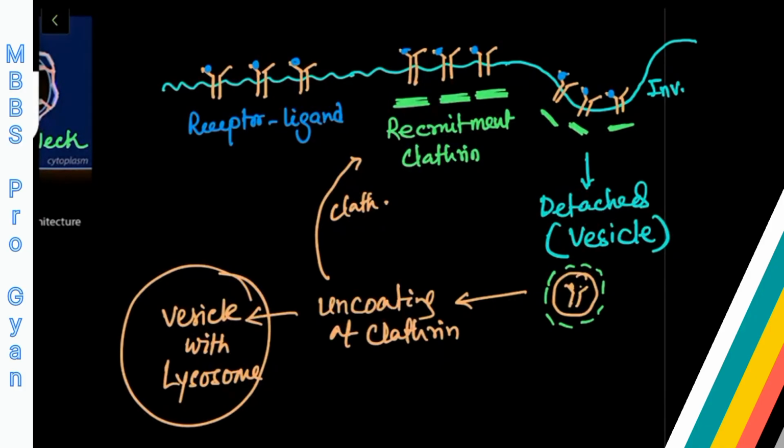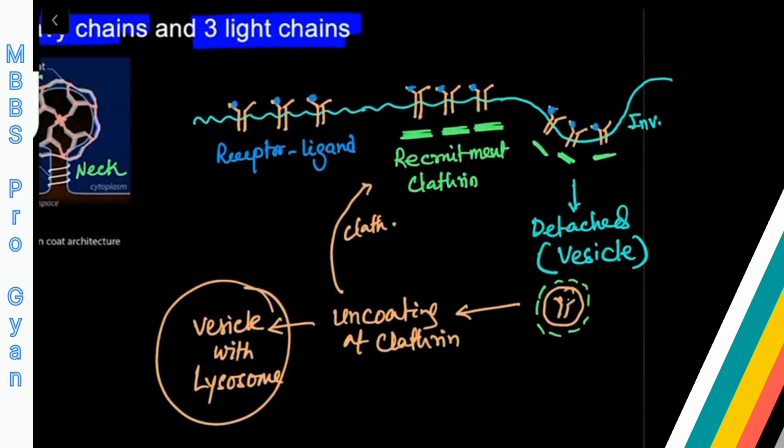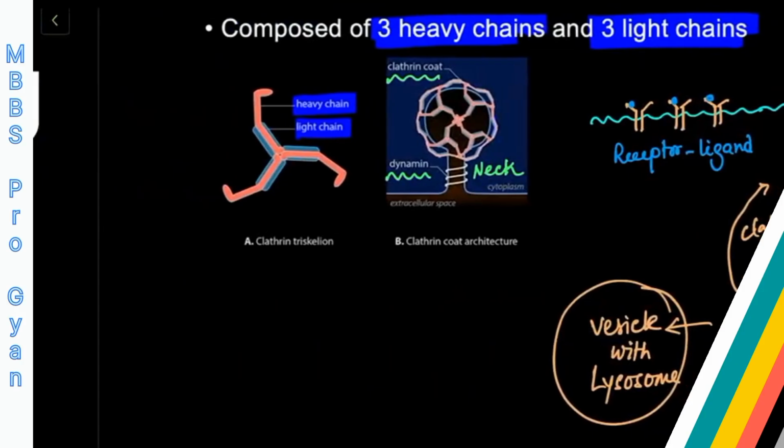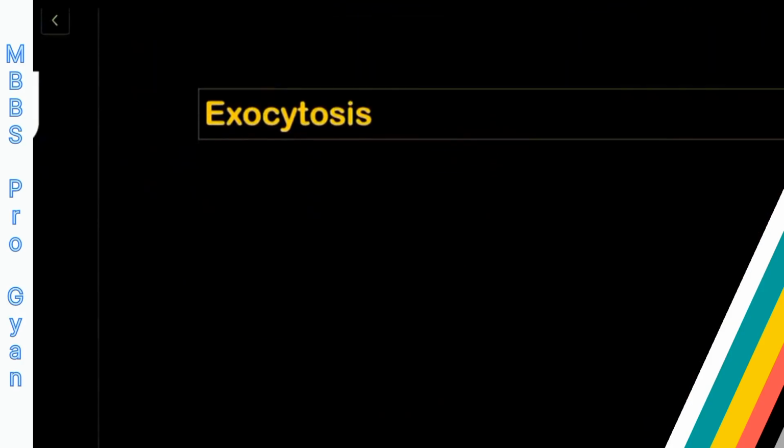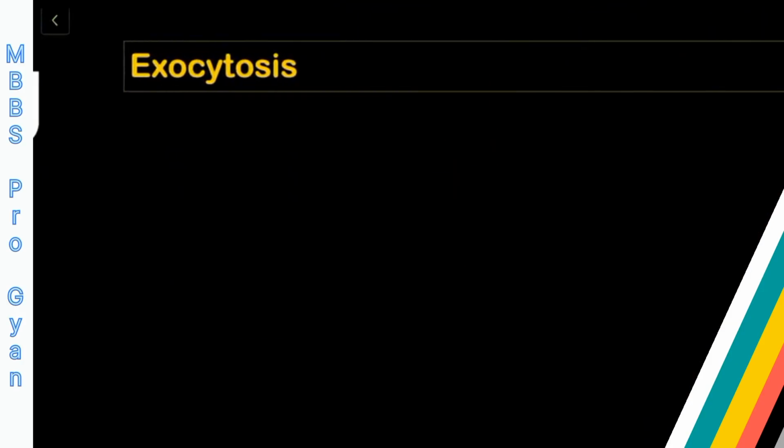This is known as clathrin mediated endocytosis. So basically clathrin is helping in endocytosis, typically for receptor endocytosis, and that's why it is known as clathrin mediated endocytosis, right? So this is all about the different types of endocytosis.